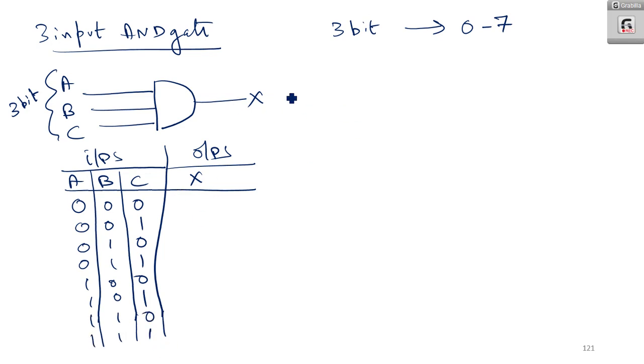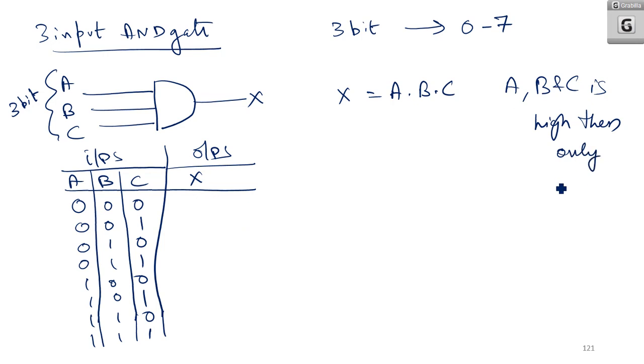See what is basically a 3 input AND gate? It is X is equal to A dot B dot C. So here what happens? If A, B, and C are high, then only output is high. So here we get 0, 0, 0, 0, 0, 0, 0, and the last one is 1. Okay. So this is basically a 3 input AND gate.